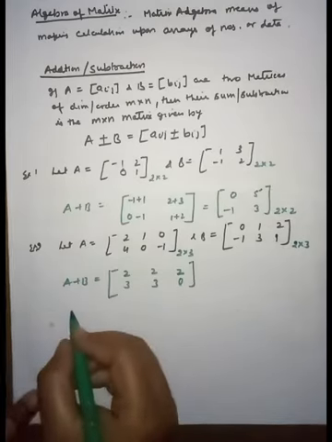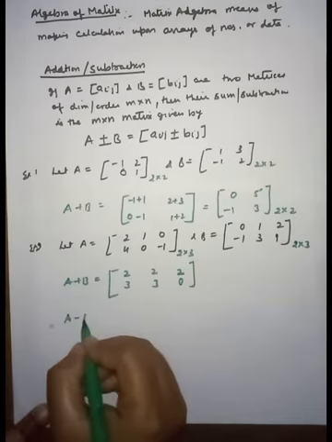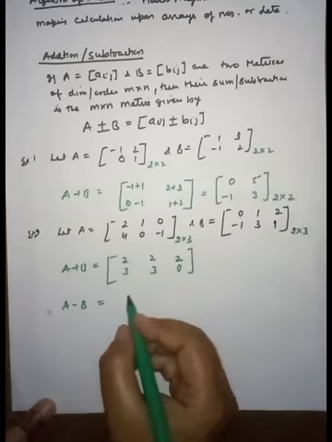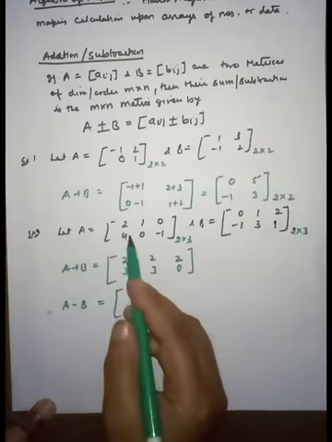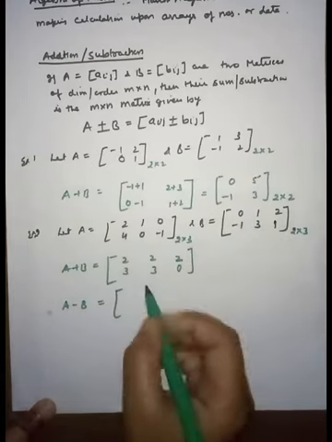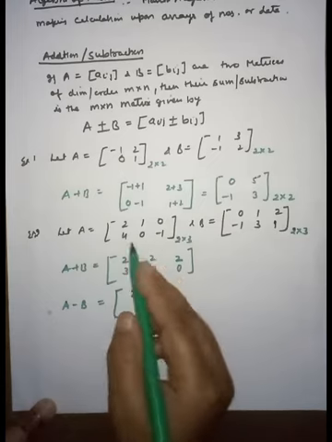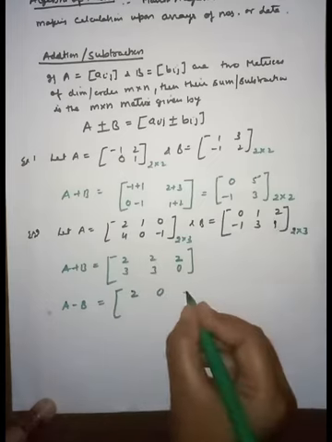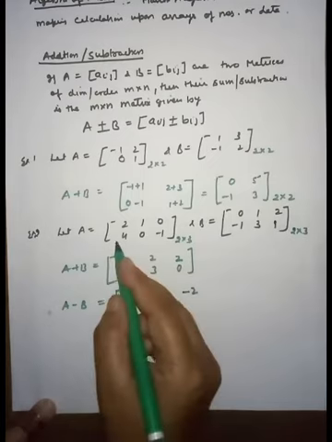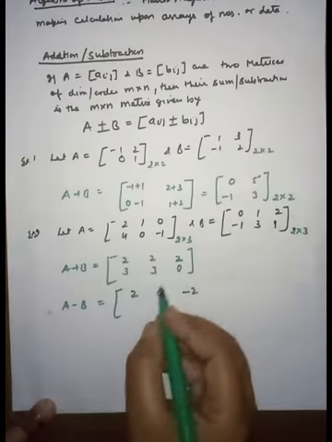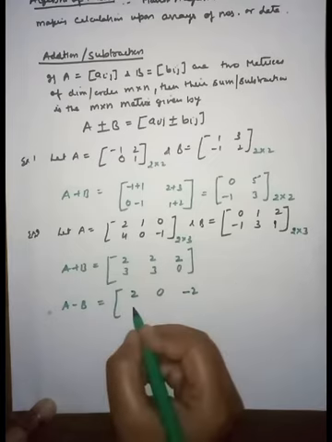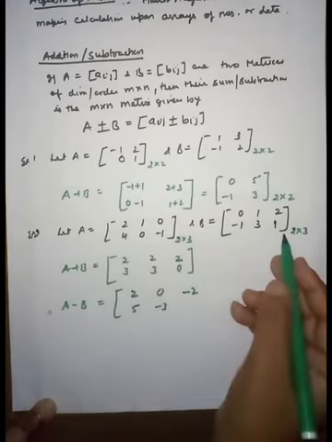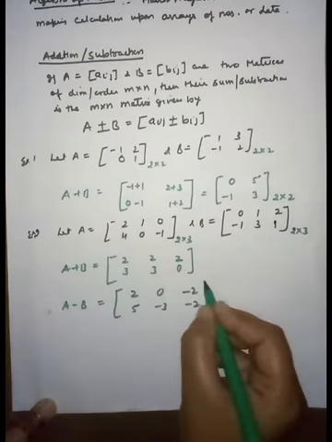Now similarly, if you want to find the subtraction, A minus B: 2 minus 0, this value comes 2; 1 minus 1, 0; 0 minus 2, it means -2; 4 minus of -1, it means 5; 0 minus 3, -3; minus 1 minus of 1, minus of 2.